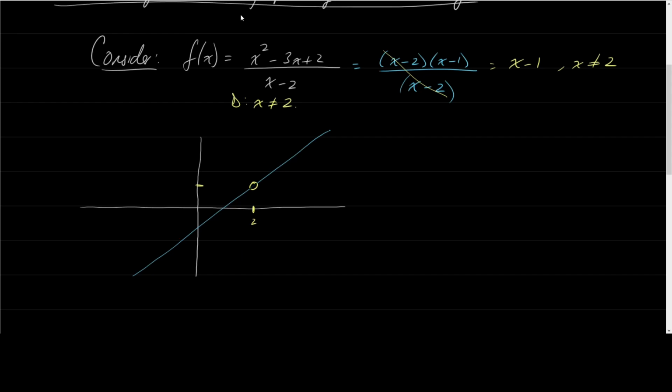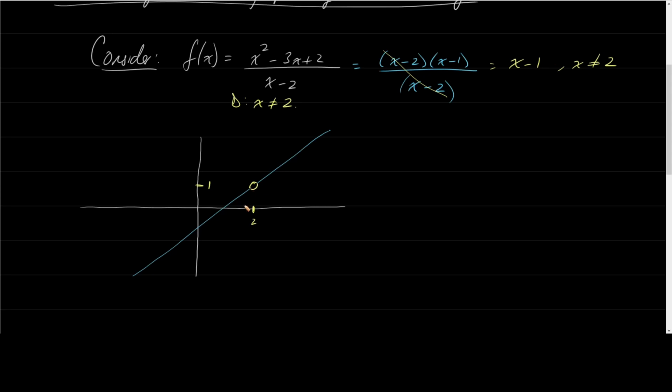Well, what we really want to figure out here is what happens near 2. Now, this height here is at the height of 1. If I were able to plug into the function, 2 minus 1 is 1. That's where the height of that hole would be.